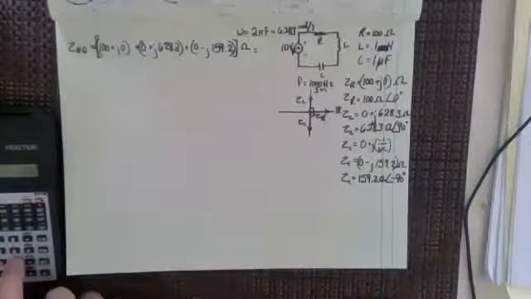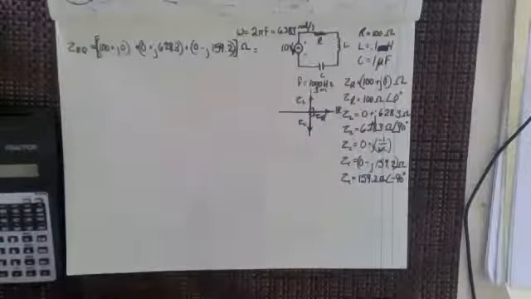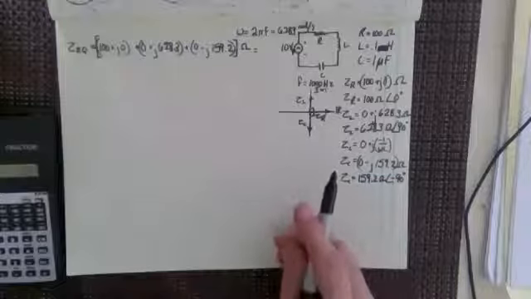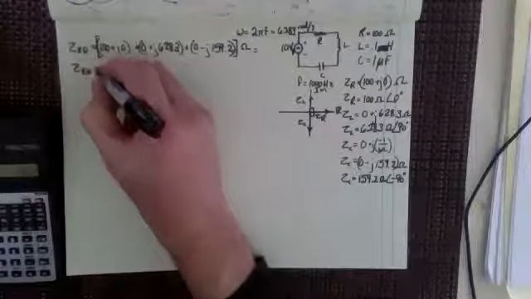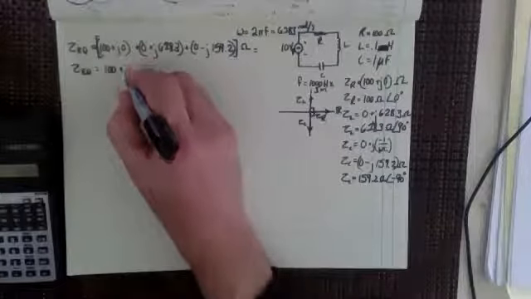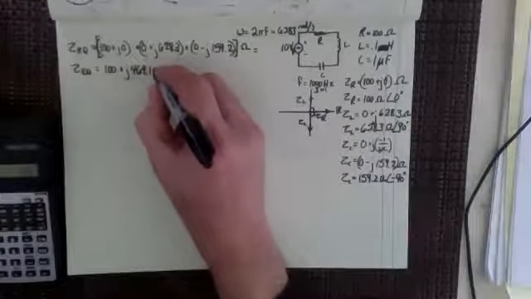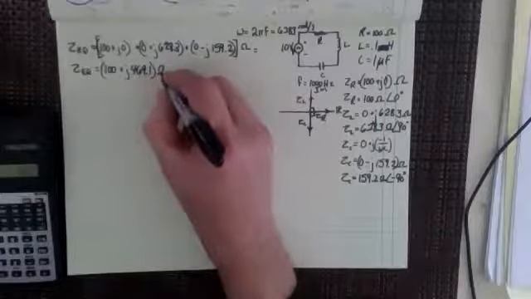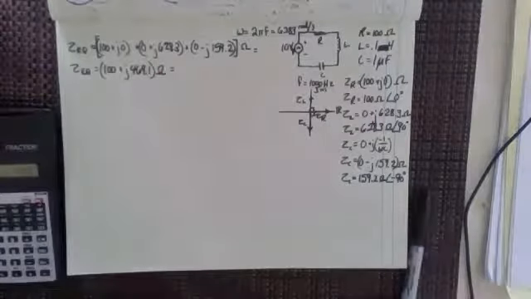So 628.3 minus 159.2 gives me 469.1. So my equivalent impedance in that circuit is going to be 100 plus J 469.1 ohms, right? Now, how would I turn that into a phasor?